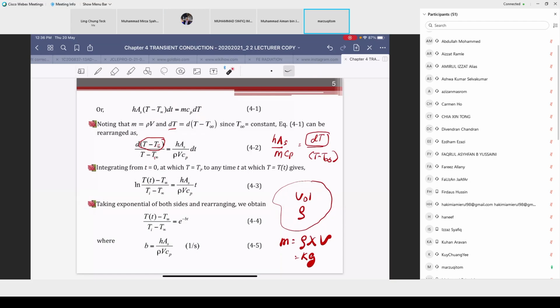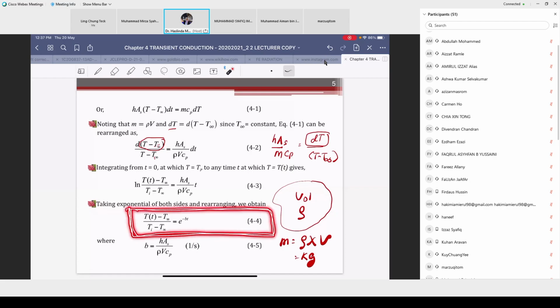Now with time, because we are considering watt, joule per second. Finally, you rearrange and use the mathematical solution, and you will get this equation. This equation is very important in your analysis when you use lumped system analysis. Why?